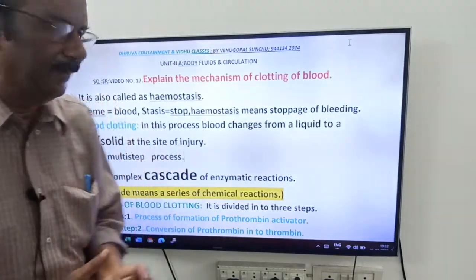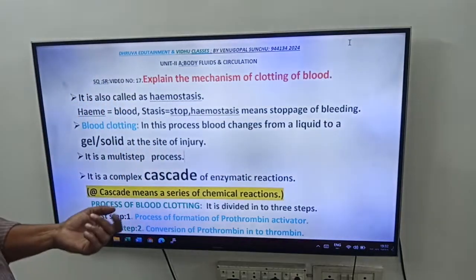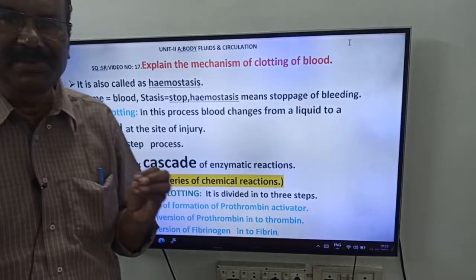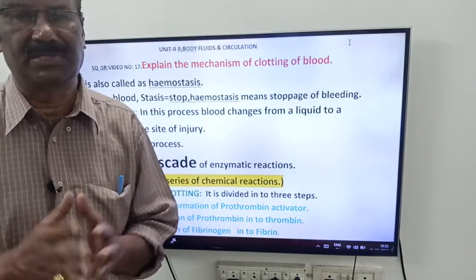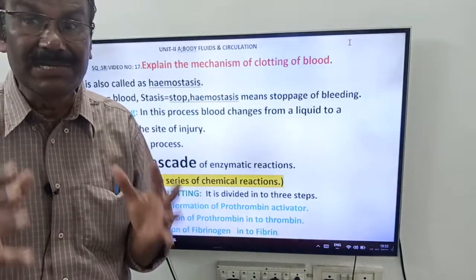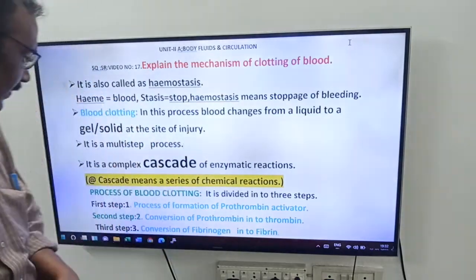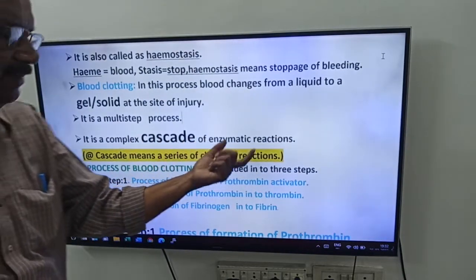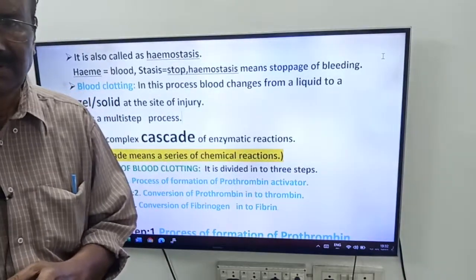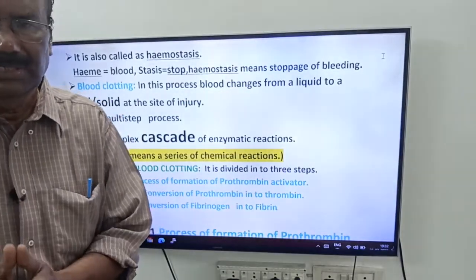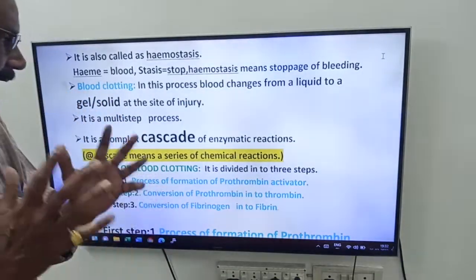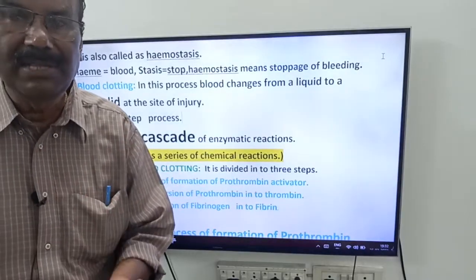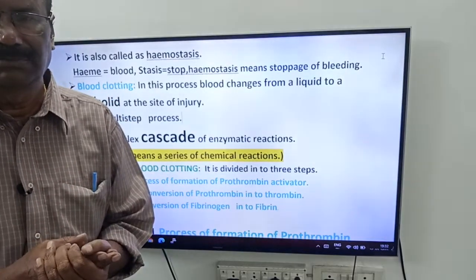Now see, this blood clotting is a multi-step process. It is not a single step process. It is a complex cascade of enzymatic reactions. Many enzymes are involved in blood clotting.